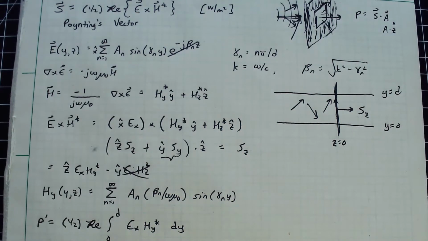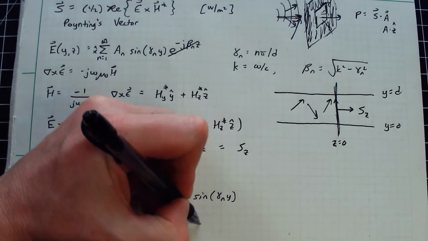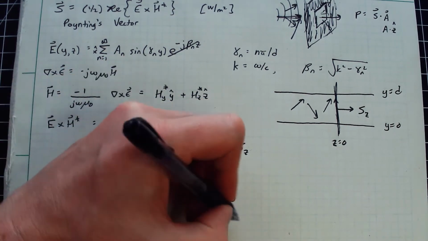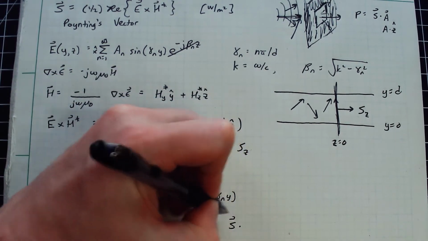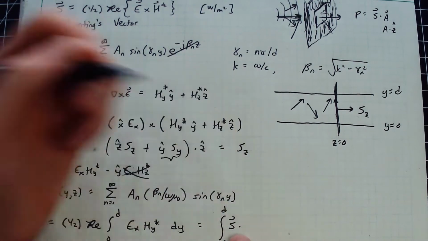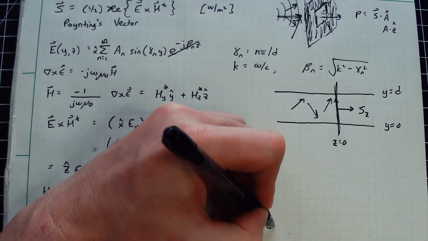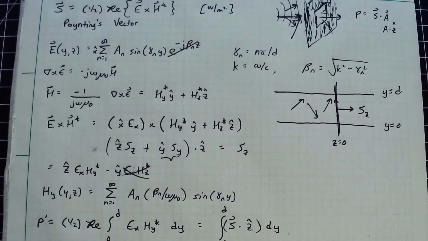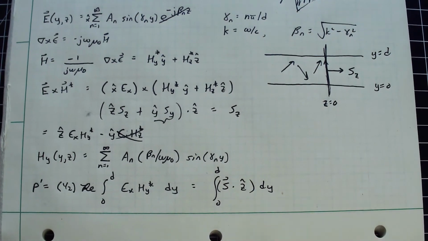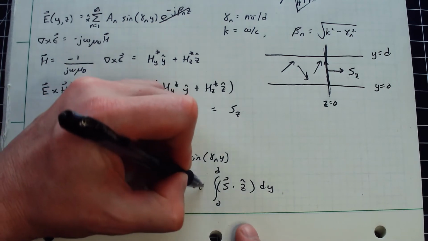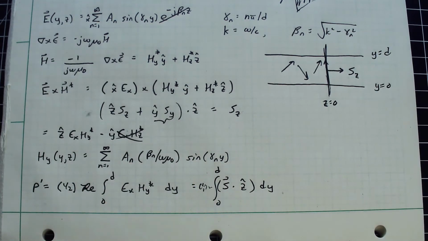This is all I care about at the end of the day, which you can think of as being the integral from 0 to d of my Poynting vector dotted with my z direction, integrating along y, like so. And of course, there's the 1/2 of the real stuff here we have to do at the end.